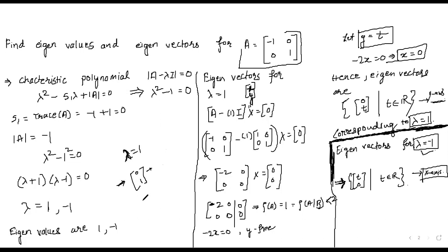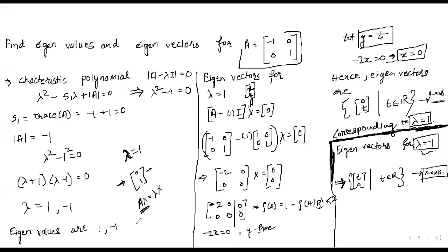What is the basic definition of an eigenvector? The basic definition is that eigenvectors are all the vectors which satisfy the equation Ax equal to lambda x, right?